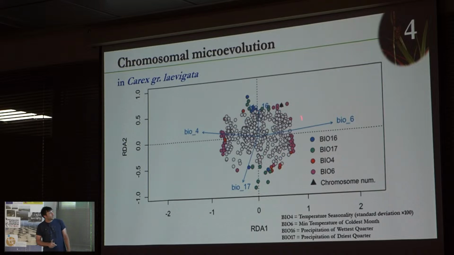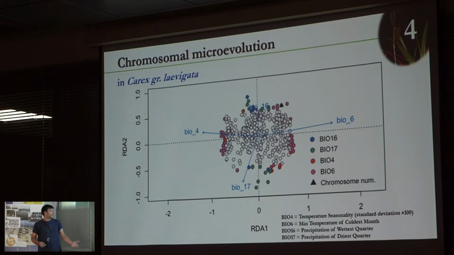And we found that there is a significant association between a bunch of them and the 4 bioclimatic variables that we tested. But the interesting thing here is that one of the loci that we included in the analysis was chromosome number, and it is significantly associated with the bioclimatic variable bio6, and very closely associated to other loci in the genome that are also associated in the same way to the bioclimatic variable.